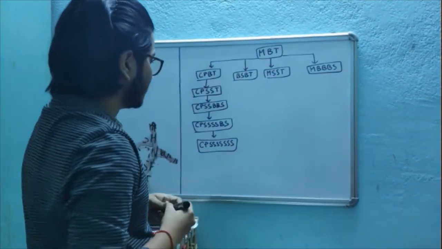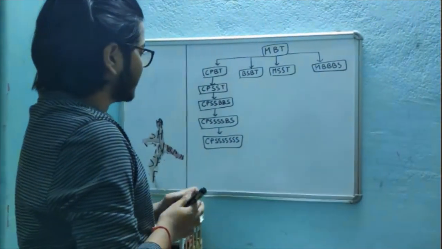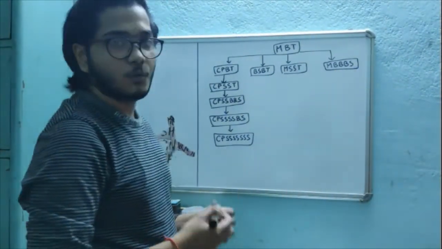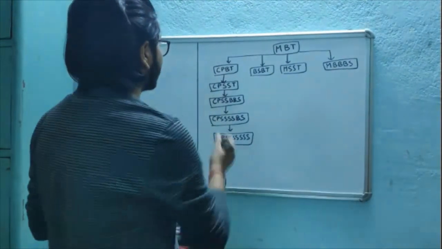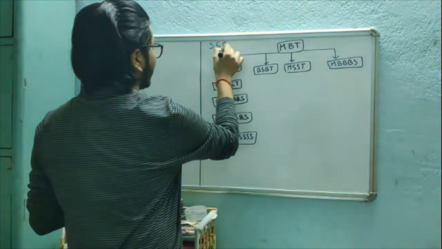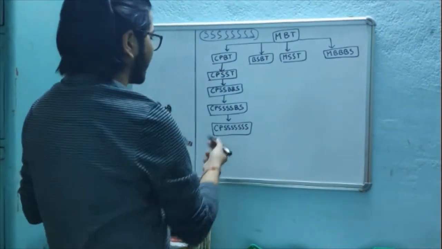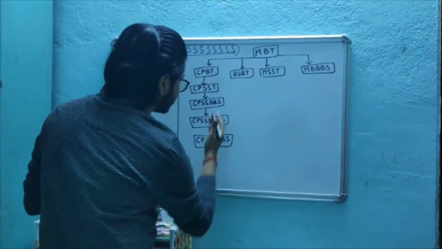Now we can't proceed further because we don't have any condition for C and P, and our goal is to get all S. But here we can't replace CP, so this is a failure node.